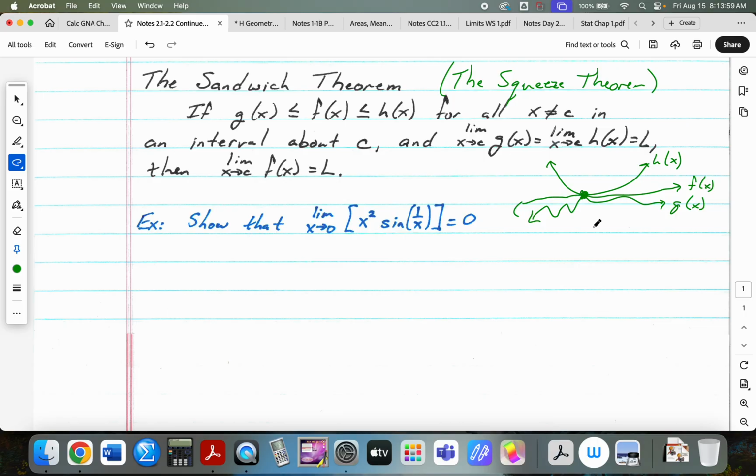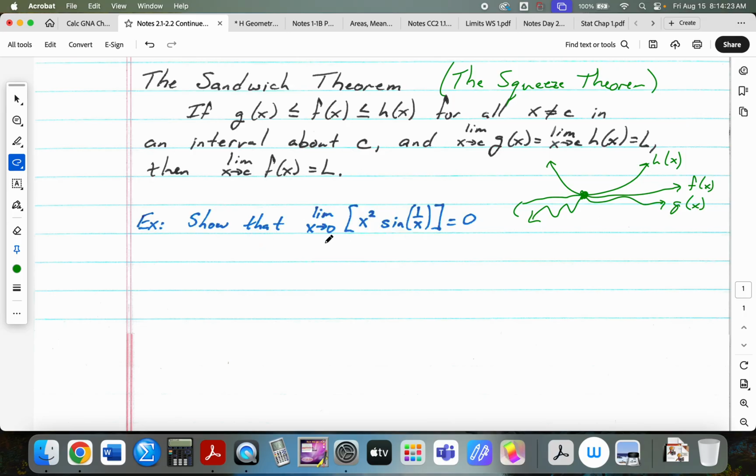Right? It gets squeezed or sandwiched in between those two. In all honesty, we don't make a lot of this at this point. We're going to come back to this idea way later in the second semester, almost at the very end. But we can make some use of it to help us figure out certain limits.